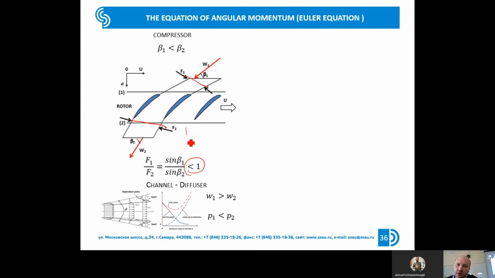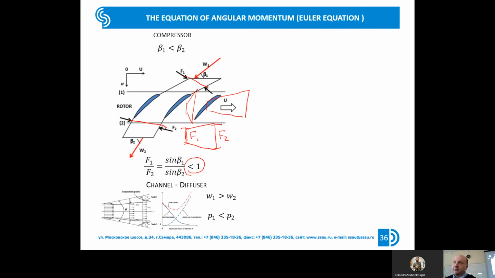So usually you know the cross-section area at the inlet and at the outlet. And you could realize this diffuser in different ways. You could make such a diffuser, or you could make such a diffuser. These are the same cross-section areas.